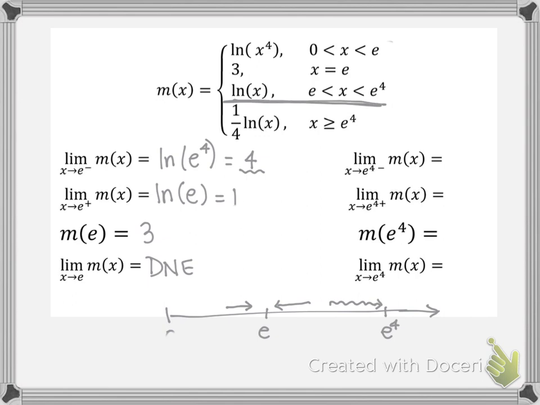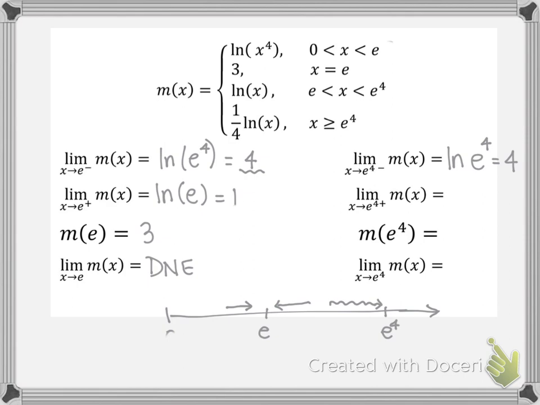To see what's happening as the function gets close to e to the fourth, I'm going to input e to the fourth here. As you can see by the less than symbol, x never actually equals e to the fourth. It gets just infinitesimally close, super, super close. So I'm plugging in e to the fourth, and ln and e are inverse functions. Again, they cancel, giving us just a value of 4.